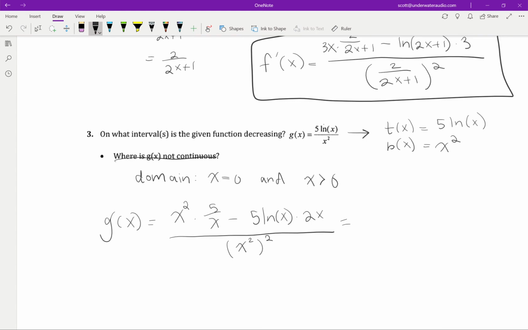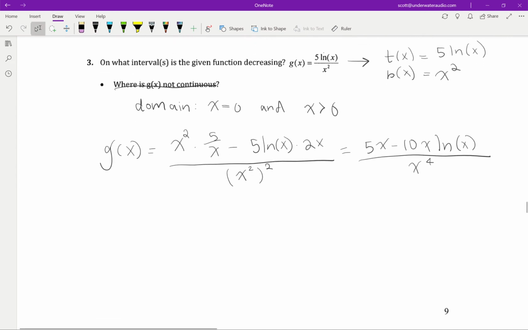So I'm going to simplify. I've got an x squared and a 5 over x, so the x's cancel and I get 5x. Then minus 5 times 2 is 10, so 10x natural log of x, all over x to the 4th.